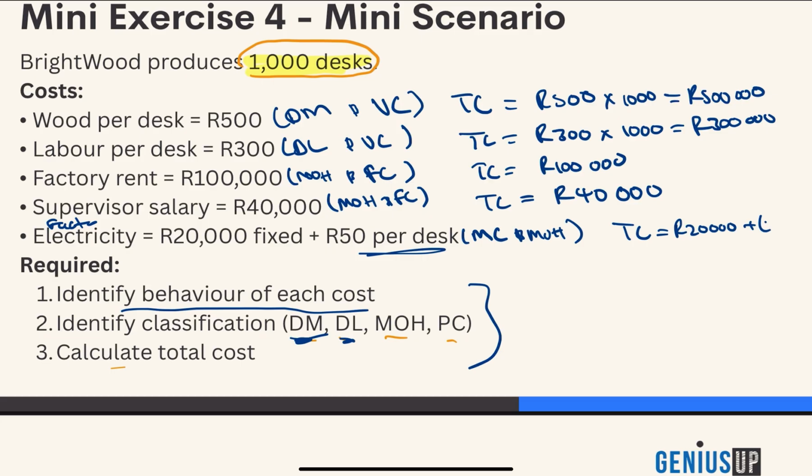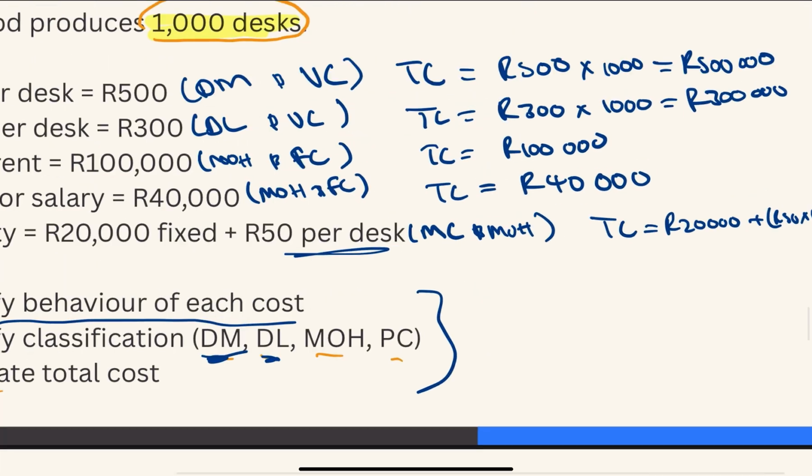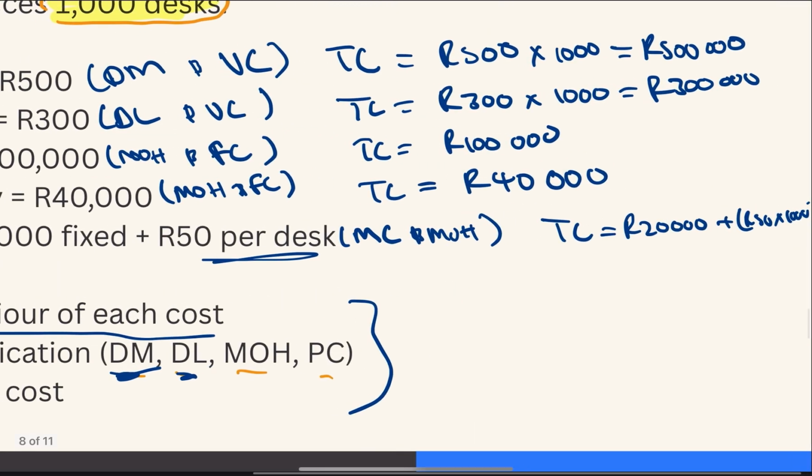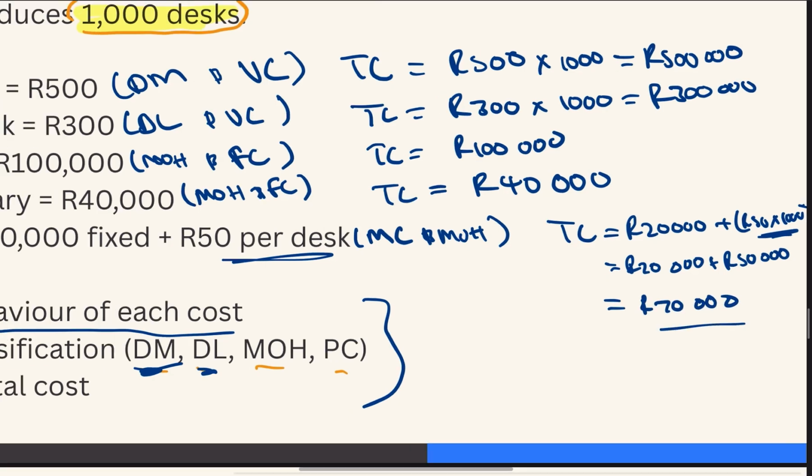So the variable component will be the 50 rand I pay for every desk I produce. So if I produced 1,000 desks, it's going to be 20,000, which is the fixed component, plus 50,000, which is the variable component, right? The 50 rand for each desk that I produce. And then in total, that's going to be 70,000. So that will be the total cost.